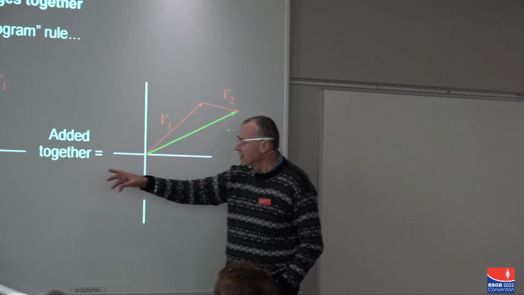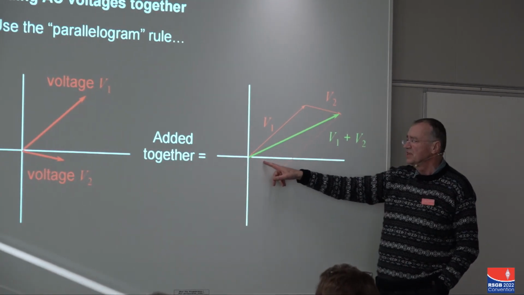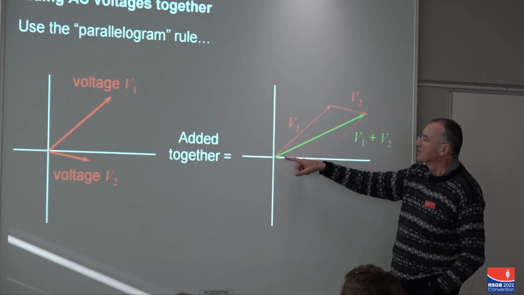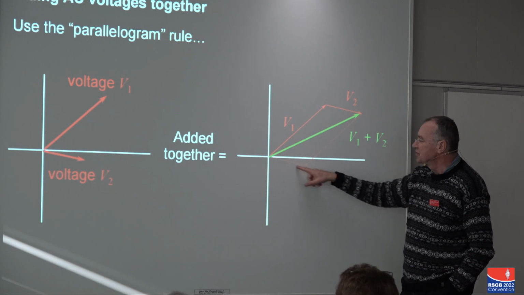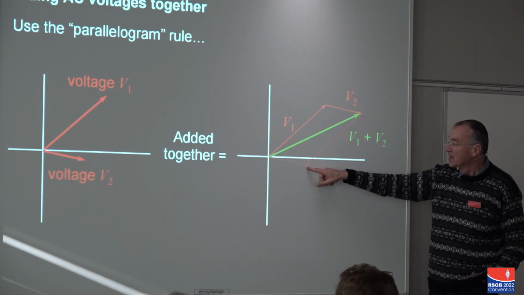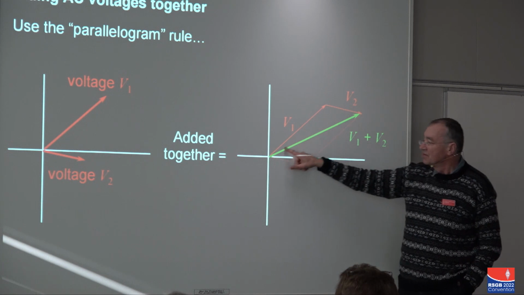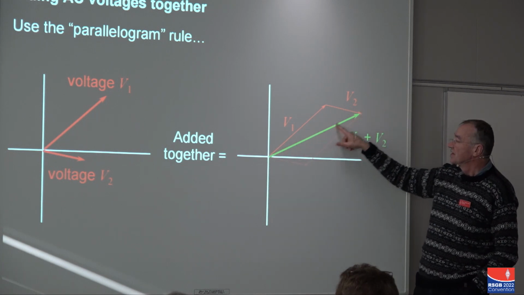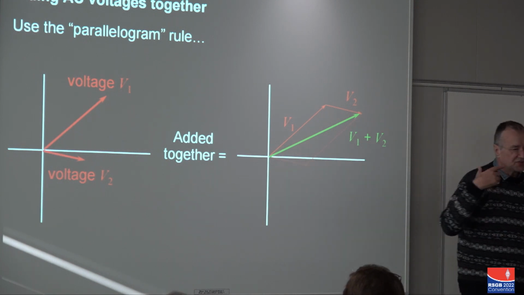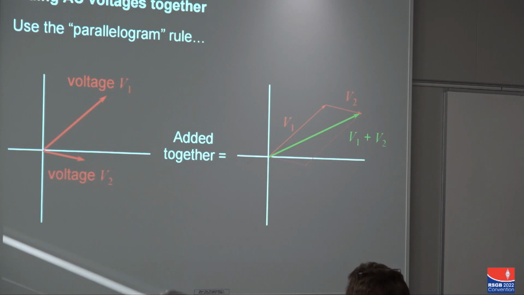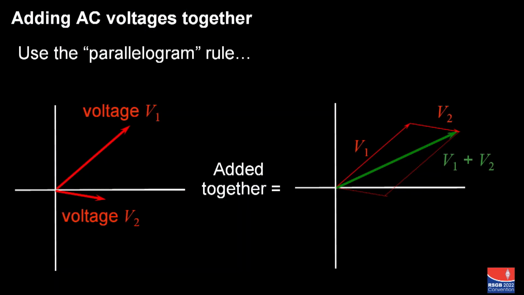You get your voltage V1, shown dotted, and your voltage V2, oh, it's the other way around. That's V1, this is V2. You put them on the 2 sides of a parallelogram, and the result is just the diagonal of the parallelogram. So in this graphical representation, all we need to know is: the length is the amplitude, the rotation is the phase, and adding things together, you just do a parallelogram.